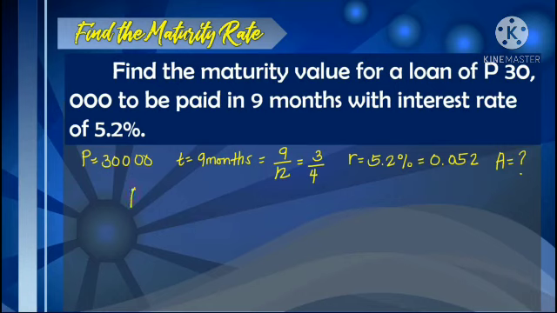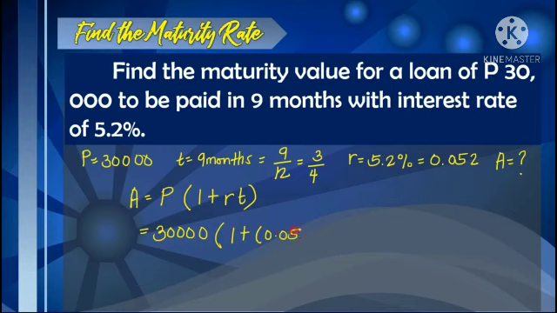To solve for it, we have to follow the formula. A is equal to the principal times 1 plus the product of the rate and the time. So all we need to do is substitute the given values. So we have 30,000 times 1 plus the rate 0.052 times the time, which is 3/4.